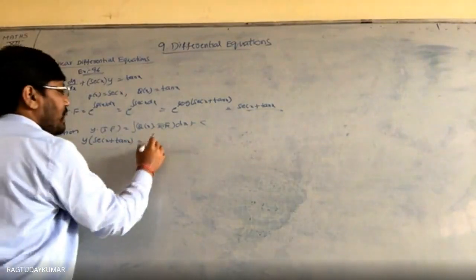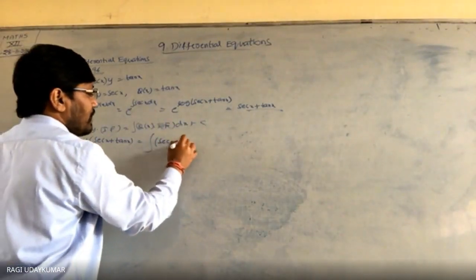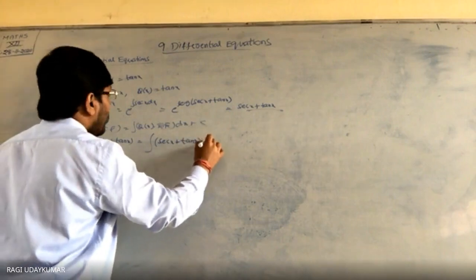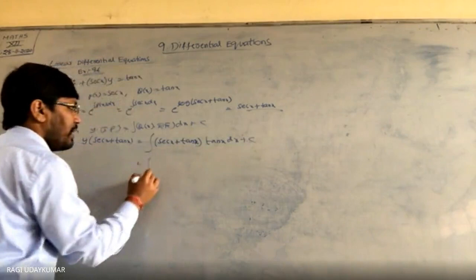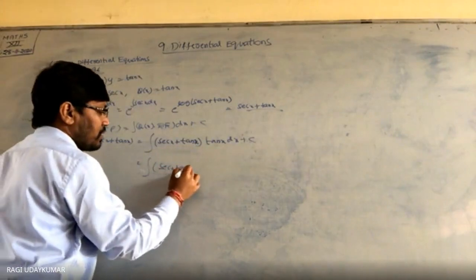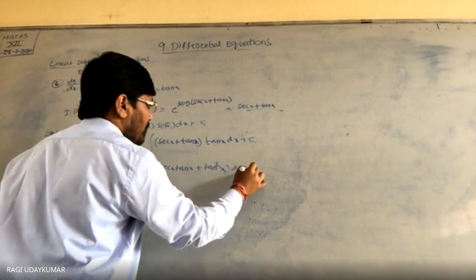So here you have to write integration of q of x, which is secant x plus tan x, into again tan x dx plus c. We have to integrate this: integration of secant x tan x dx plus tan square x dx plus c.